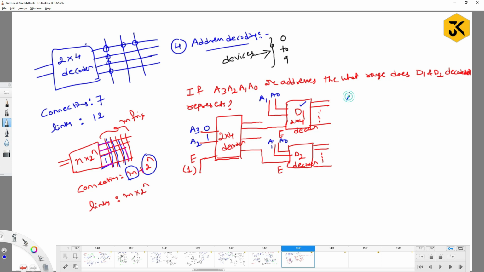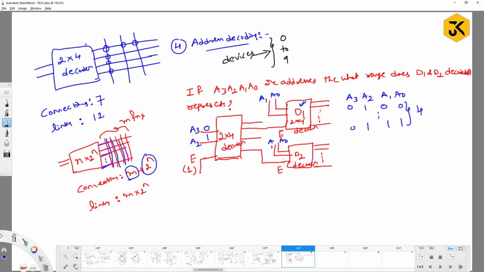So A3, A2 are going to be 0, 1. What about A1 and A0? If this circuit is enabled, what might be the outputs? 0 0, 0 1, 1 0, 1 1. So it ranges from 0100 to 0111. This is the particular range, so in total you get 4 values.